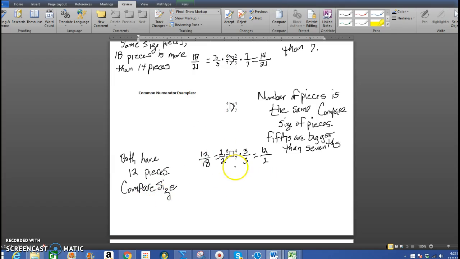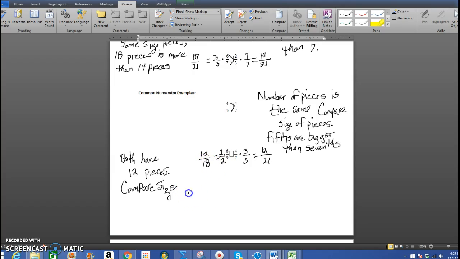Right? And again, I do the whole pizza strategy. So if I have a pizza cut into 18 pieces, and the other pizza is cut into 21 pieces, the one cut into 18 pieces is going to have the bigger size pieces.